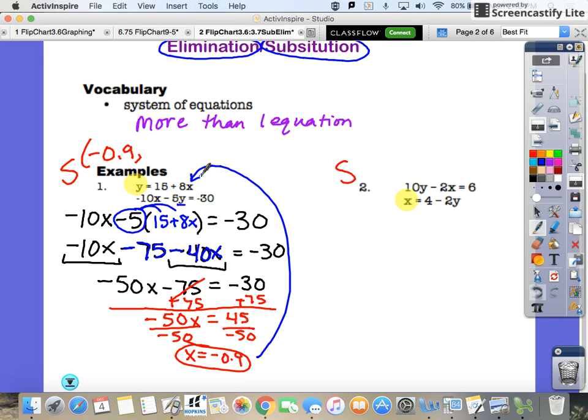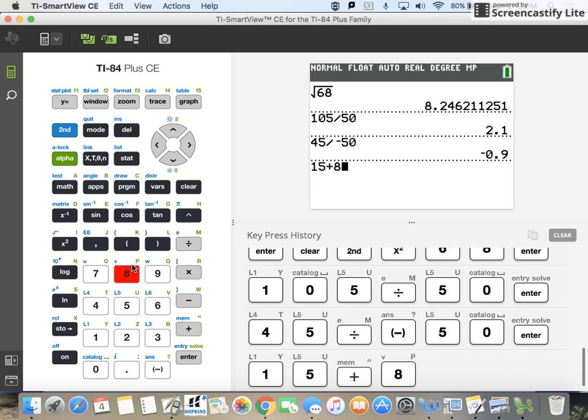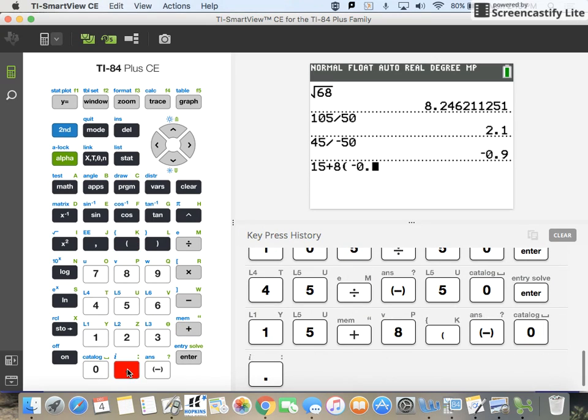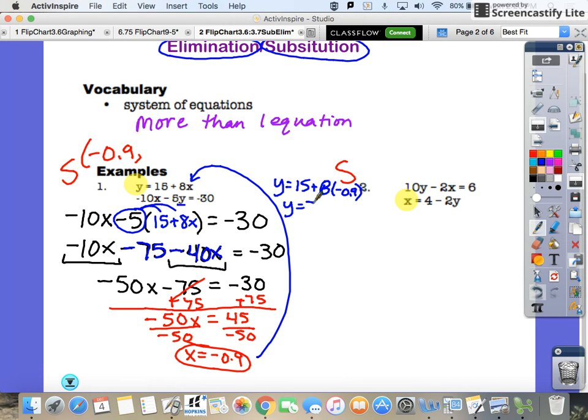So we're going to get y equals 15 plus 8 times negative 0.9, and we get 7.8. So y equals 7.8. So this is our final answer. Those two share that coordinate. I know it looks like garbage. Sorry. Okay, we'll do the next one.